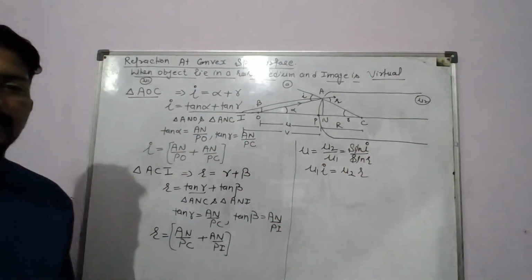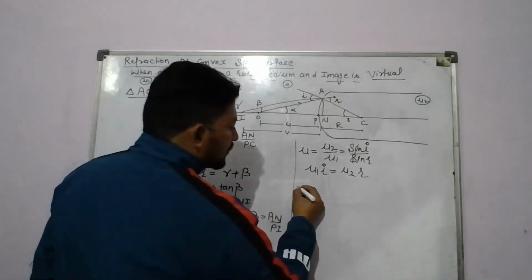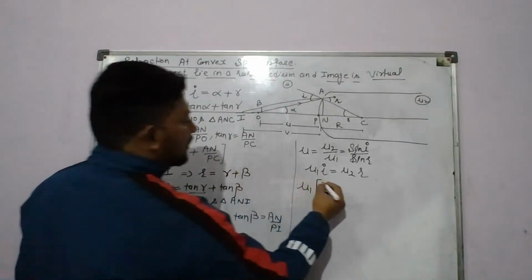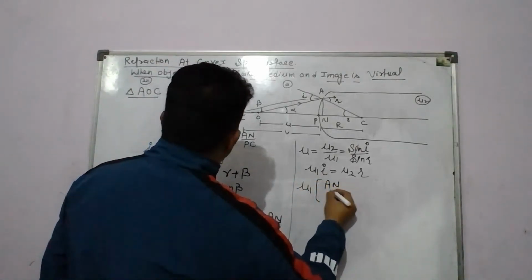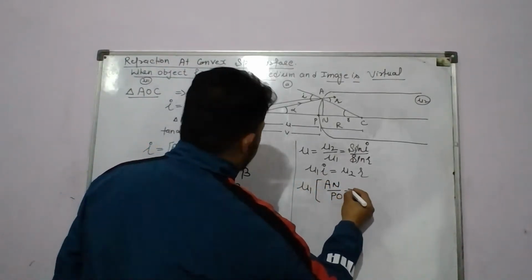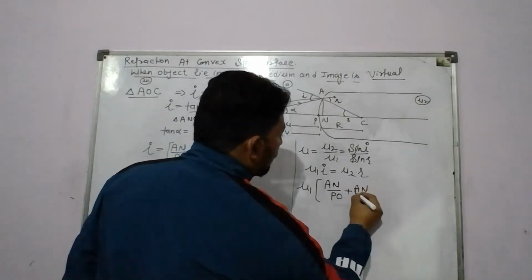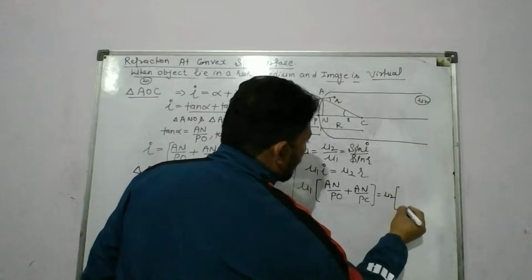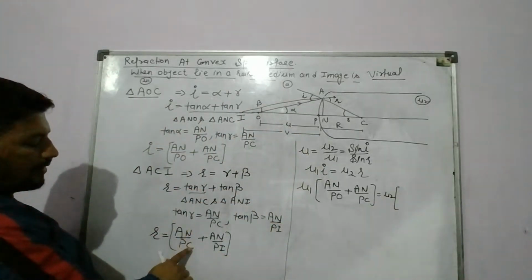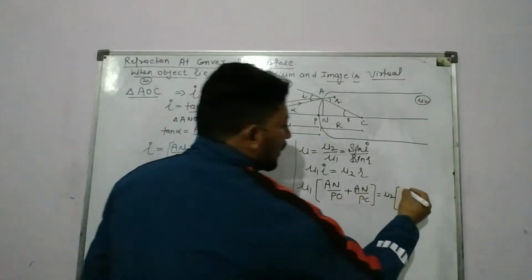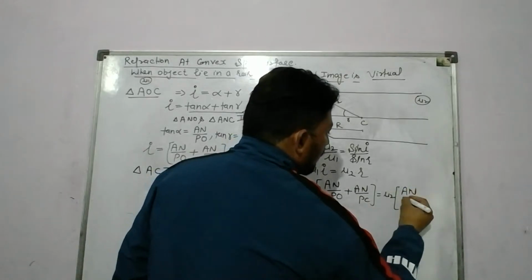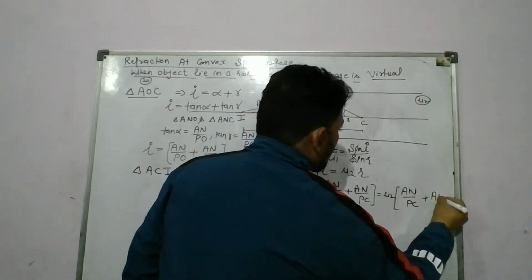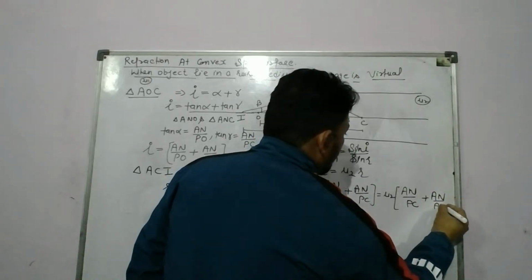So mu1 times the value of i, AN upon PO plus AN upon PC, is equal to mu2 times the value of r, AN upon PC plus AN upon PI.